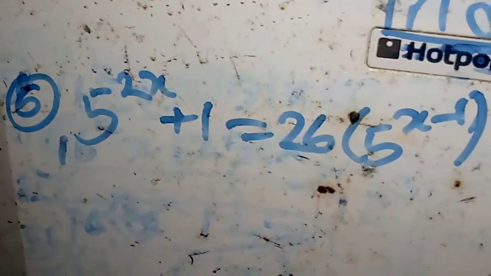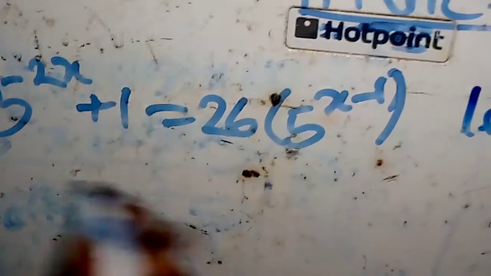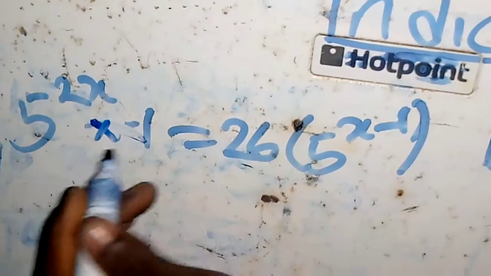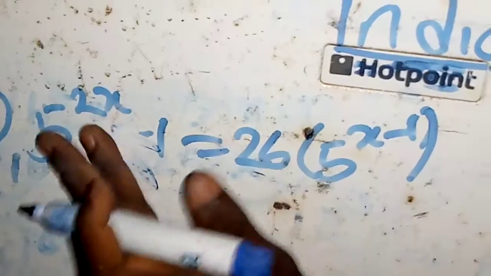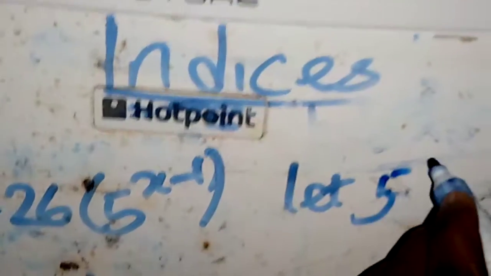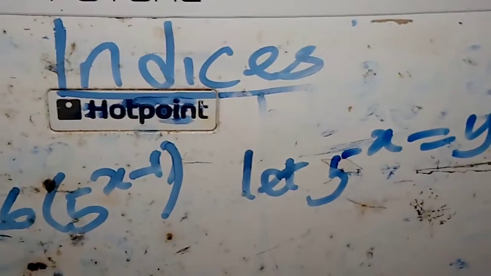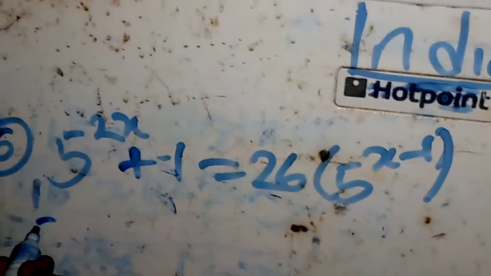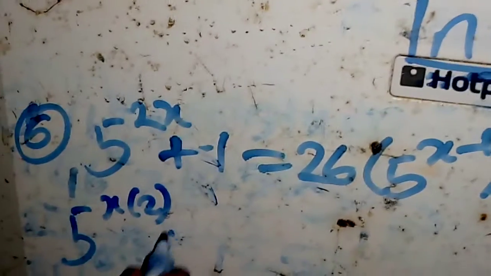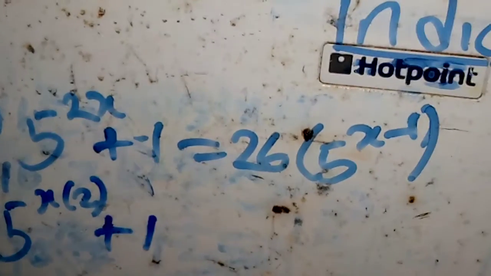So when something is in plus or minus like this, not times, in this form like plus, minus, you now say let 5 raised to the power x equals y. So meaning that you can say 5 raised to the power x times 2, that's 2x, plus 1.